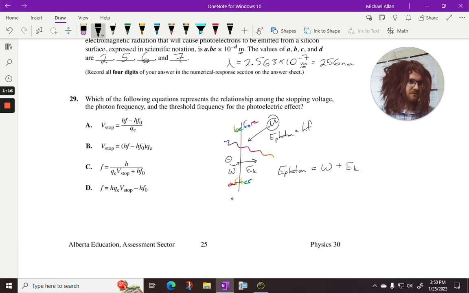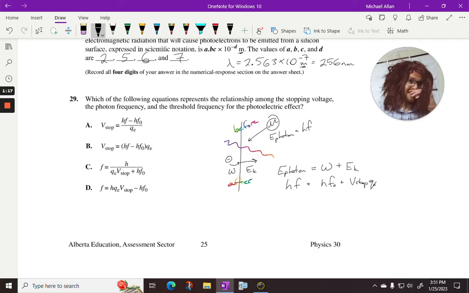So if I put some of the formulas in, you notice they're using hf here, and they use the V stop formula for the EK formula. So that here they want EK equal to V times q. They put a little e there for the electron, but that's fine. This is hf naught, and this is just hf, like I said up here.